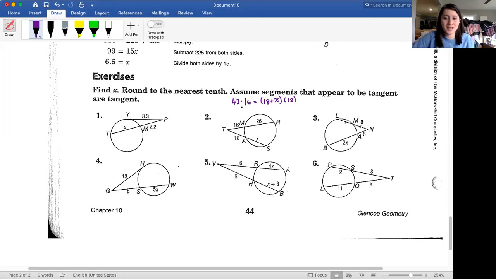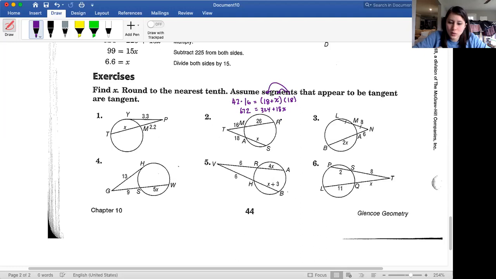So working this out, I'm going to get some big numbers. 42 times 16 is 672. And then 18 times 18 is 324 plus 18x, because I'm distributing this into all the parts.